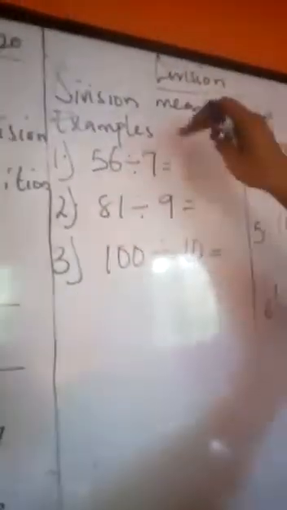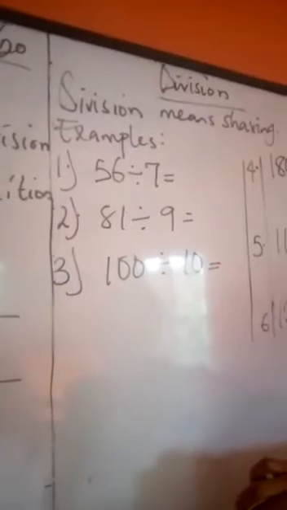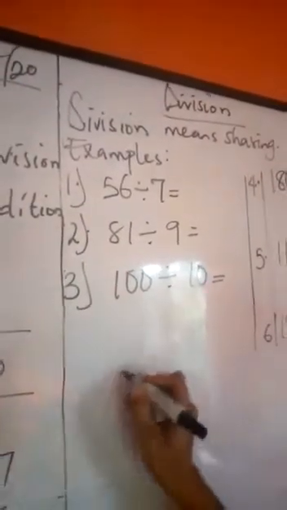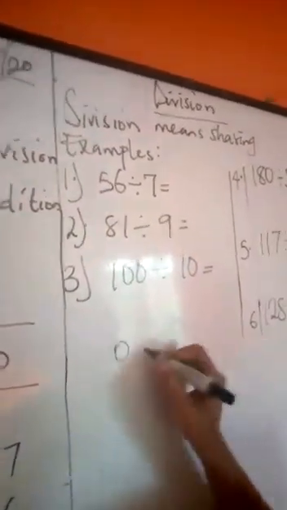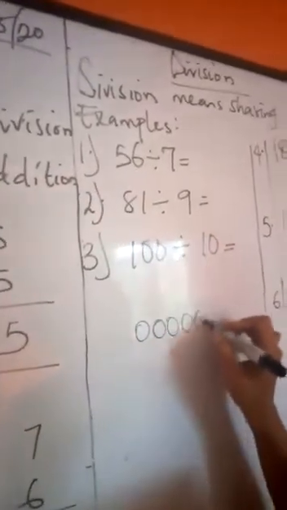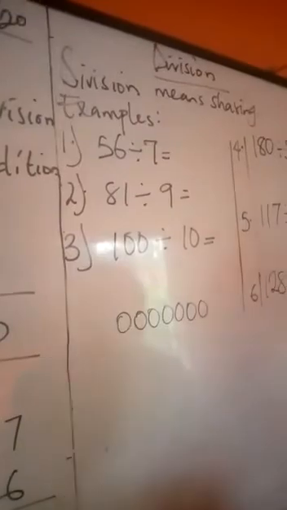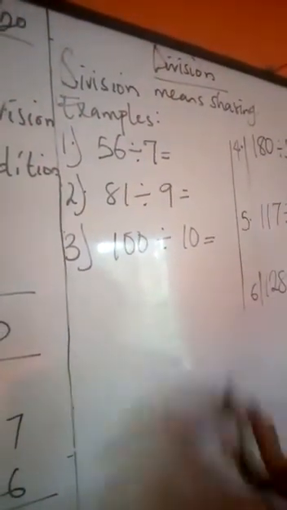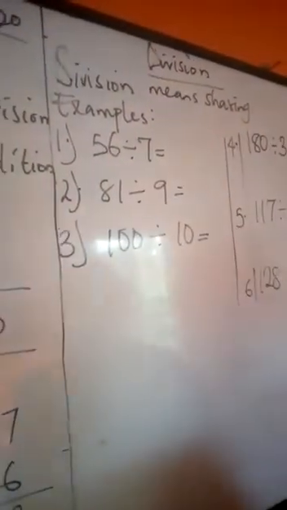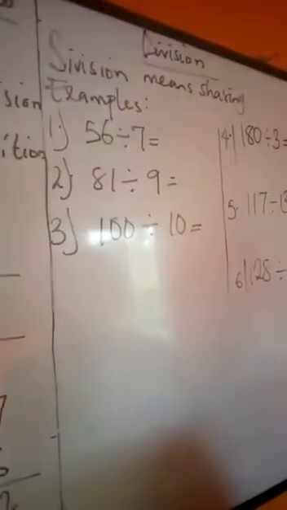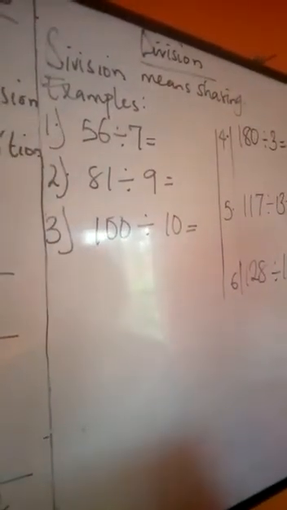Now we'll go into division. 56 divided by 7. We know the usual method of counting out 0, counting at 7 heads, and counting 56. But please, I'm going to advise you to master your multiplication table. I hope you've not forgotten how to recite your multiplication table.